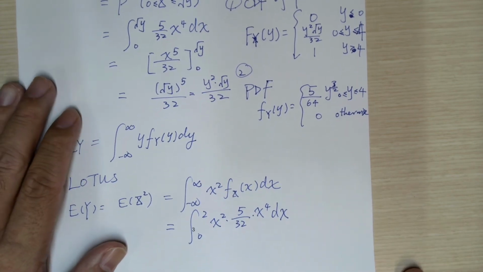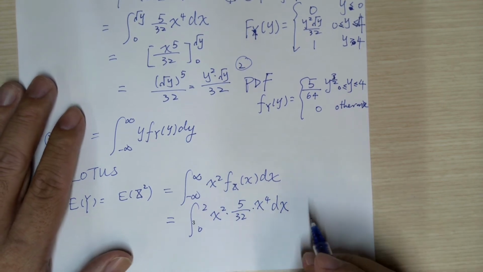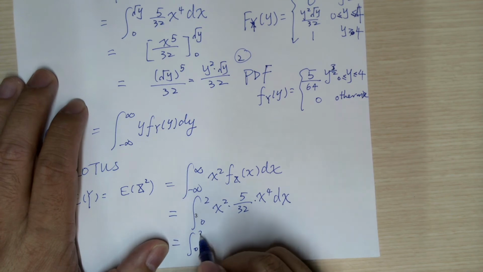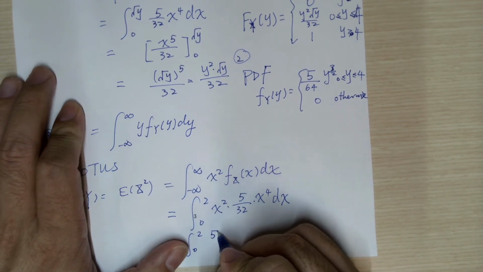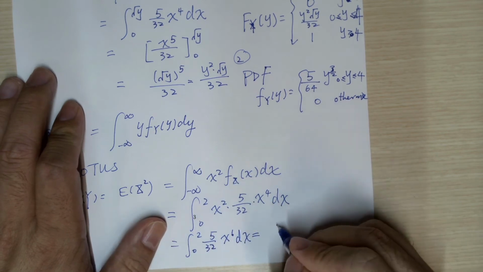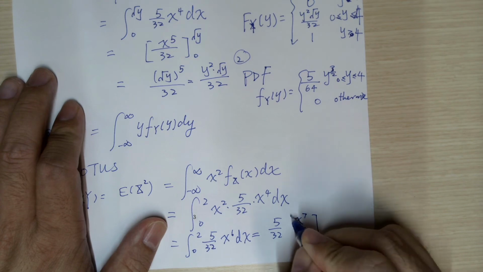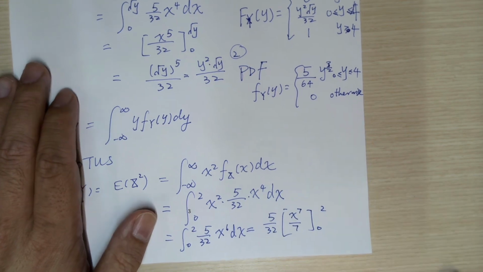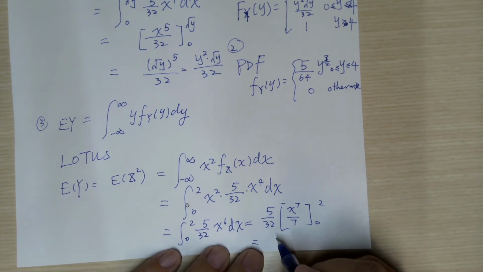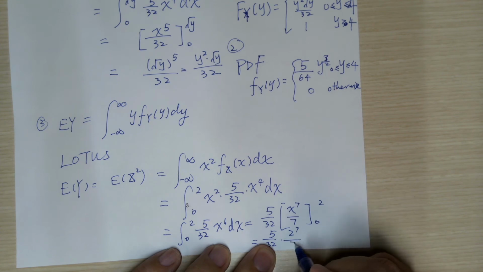You can easily do the calculation, right? This is 5 over 32 x to the power 6 dx. So it's going to be 5 over 32 x to the power 7 over 7 from 0 to 2. Of course you can evaluate it. So it's 5 over 32 times 2 to the power 7 over 7.